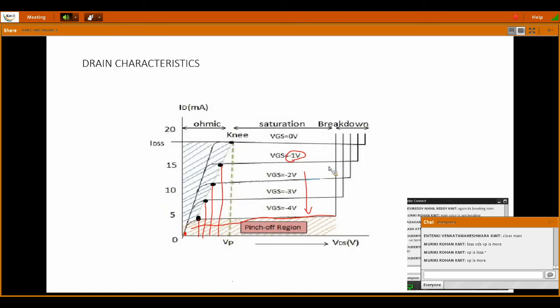See here, if VGS is increased in a positive manner, if it is 1 volt, 2 volt, 3 volt and all, then the requirement of VDS will be more. The pinch off voltage will be available here for VGS equal to plus 1 volt, and here for VGS equal to 2 volts, like that. Means the requirement of VDS will be more if VGS is positive.